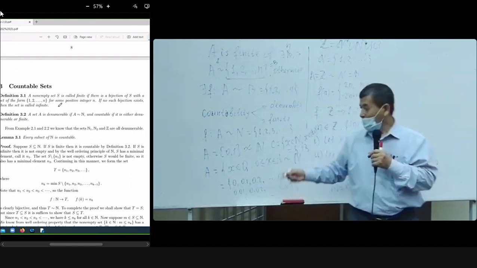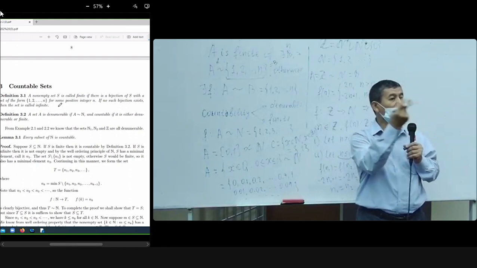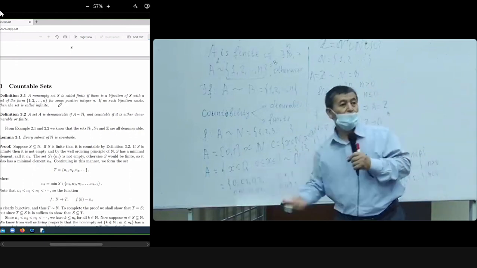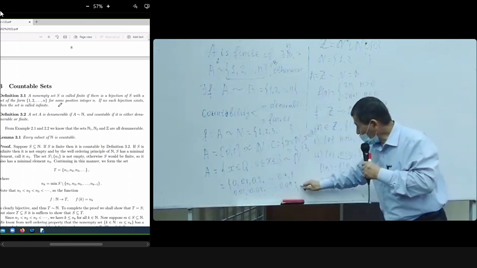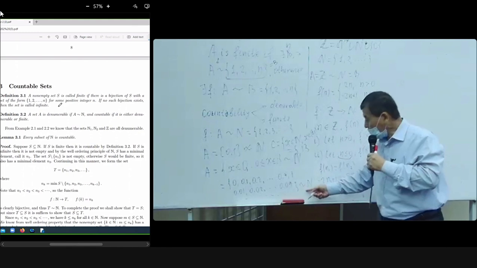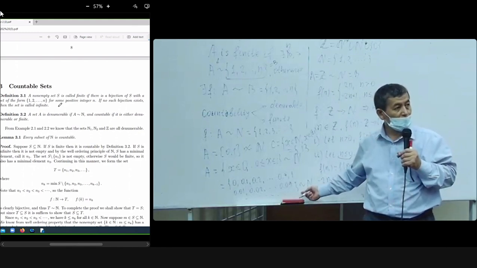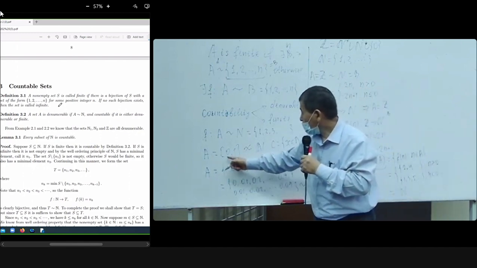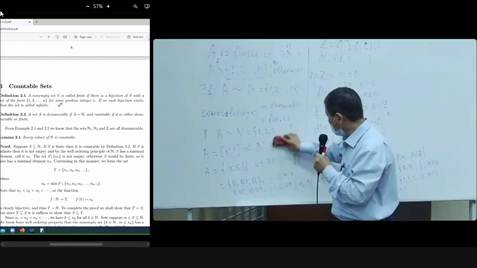You see? Just now you have seen. For N, we have only one element. For the Z, we have two elements only. But when we come to the Q, we have infinitely many elements. But the interesting point is, this one I can make equivalent with N. But if I consider sets like this, then I cannot.